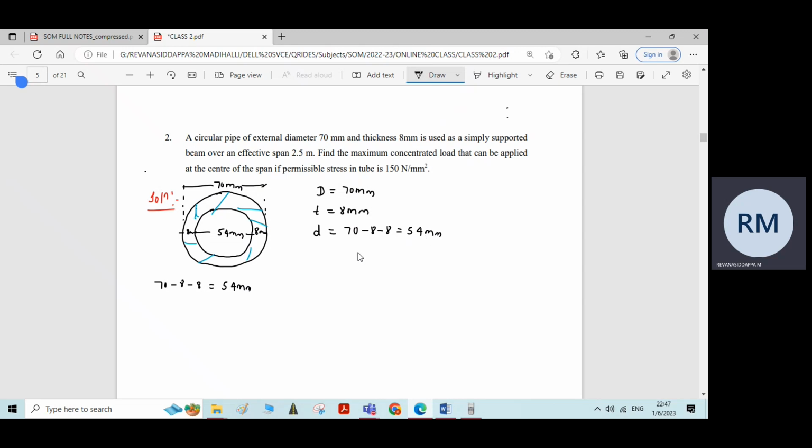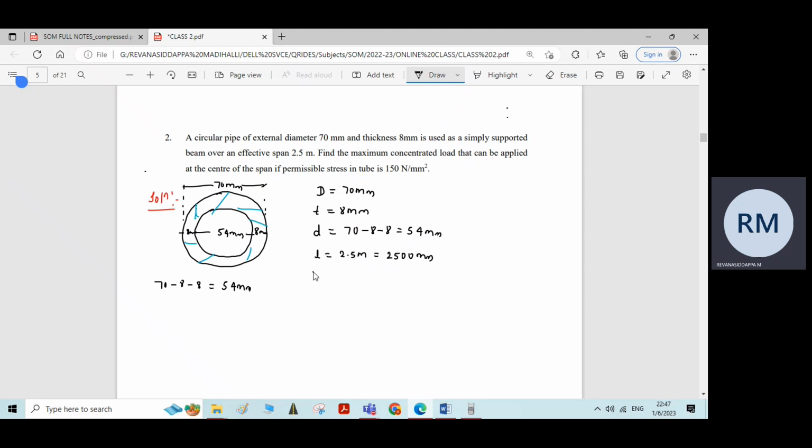Okay, and it is simply supported over a span of 2.5 meter. Length of the beam is given 2.5 meter. So in terms of millimeter, it is 2500 millimeter. Okay, find the maximum concentrated load that can be applied at the center of the span.